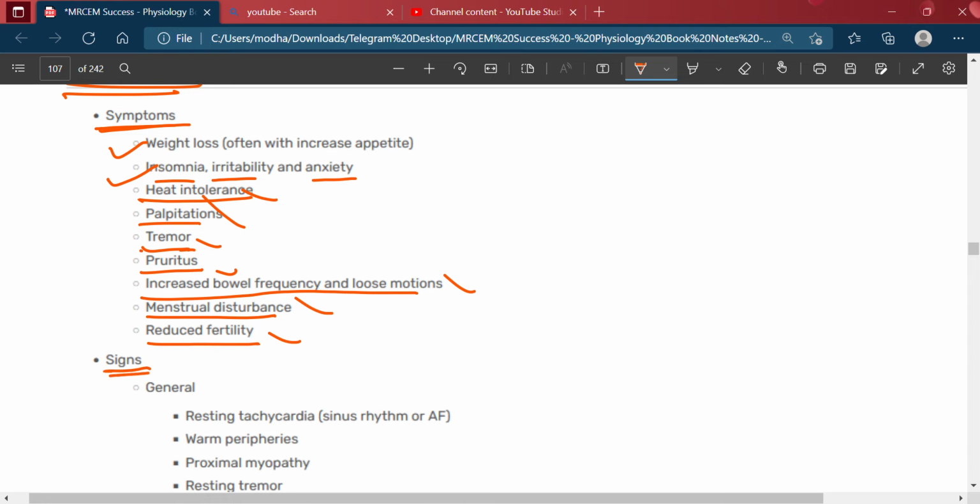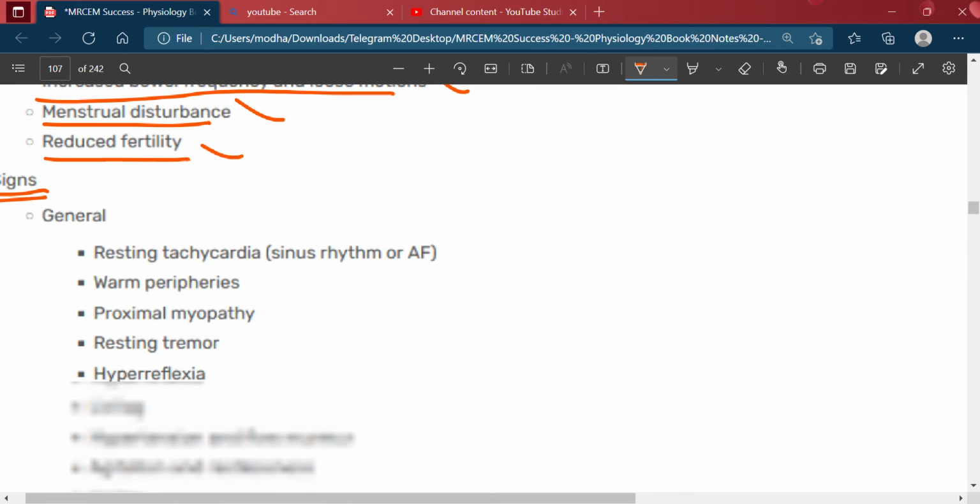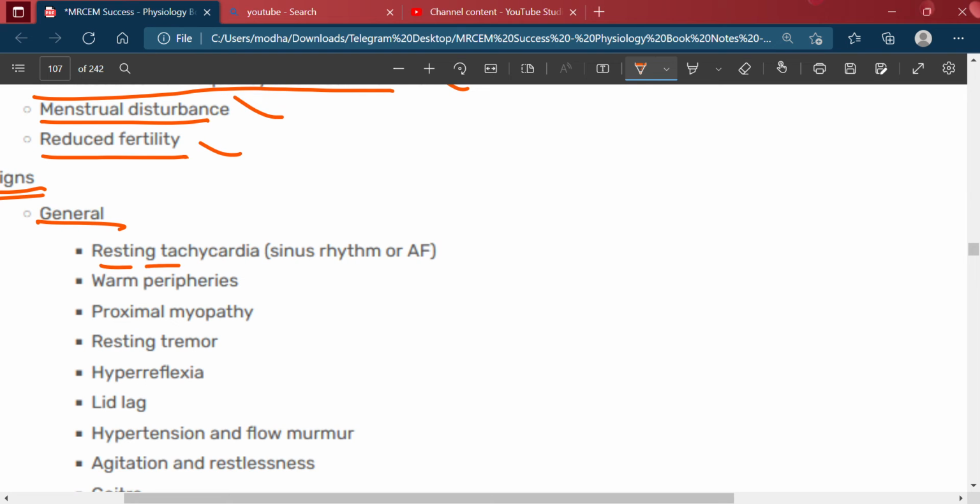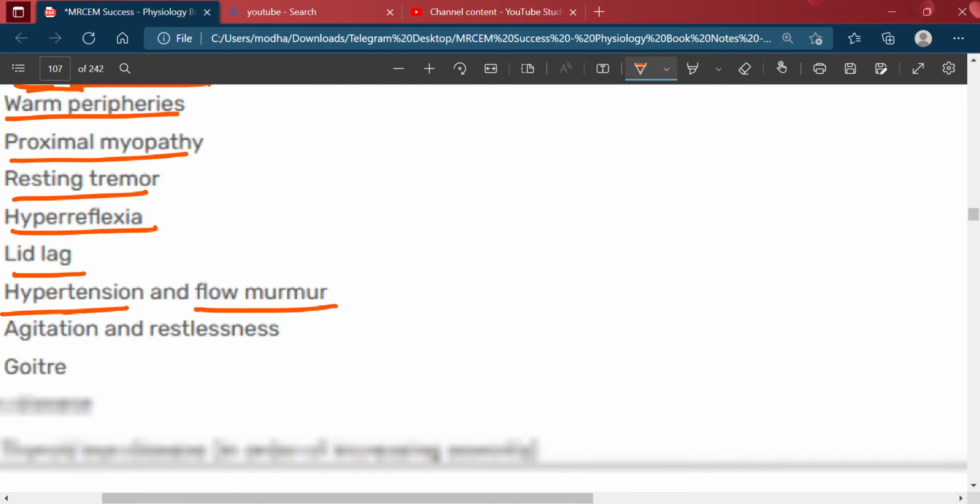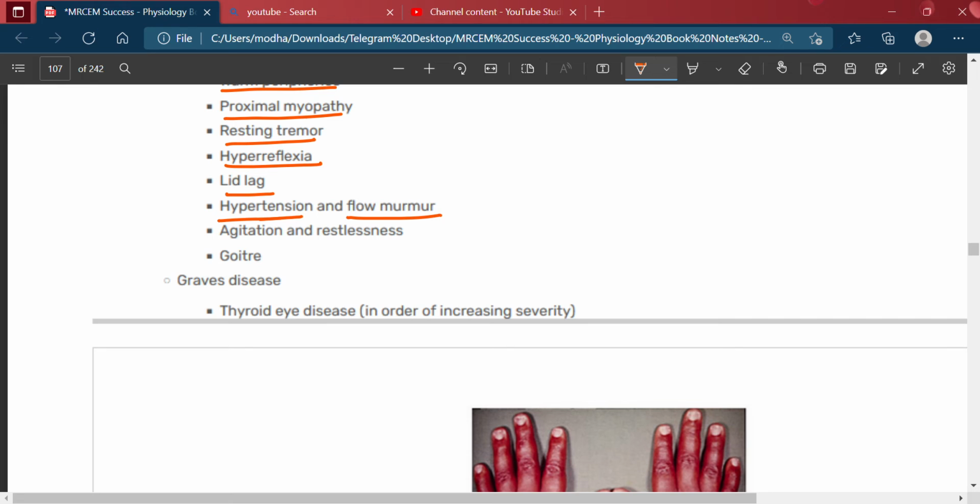Then which are the signs? In general, there is a resting tachycardia, sinus rhythm or atrial fibrillation, then warm peripheries, proximal myopathy, resting tremor, hyperreflexia, lid lag, then hypertension and flow murmur, agitation and restlessness, goiter.